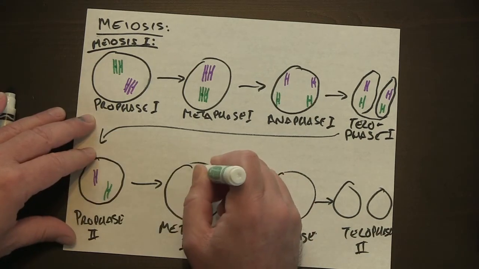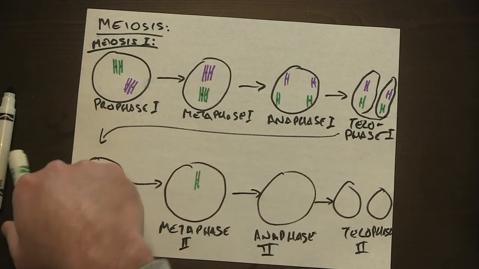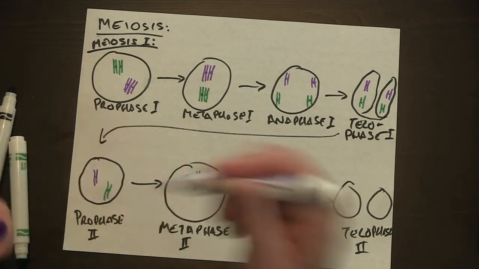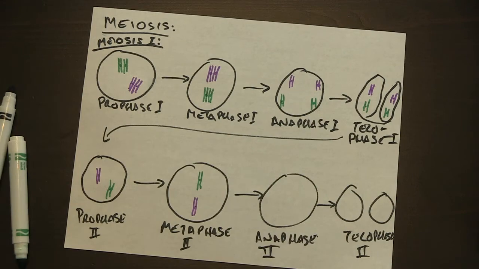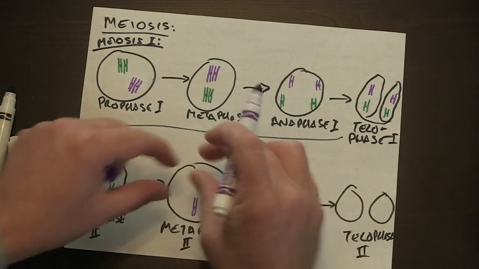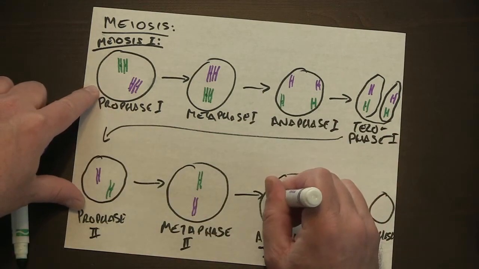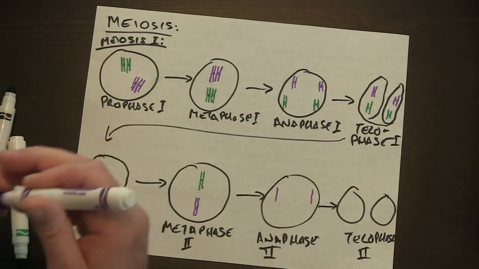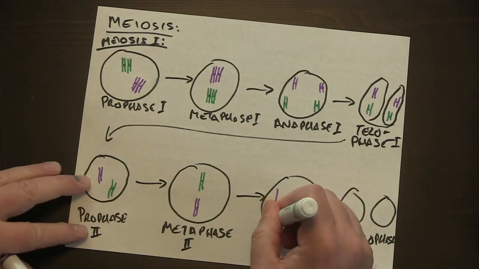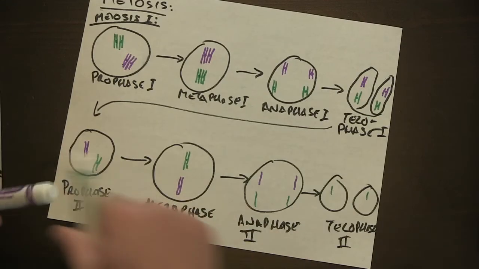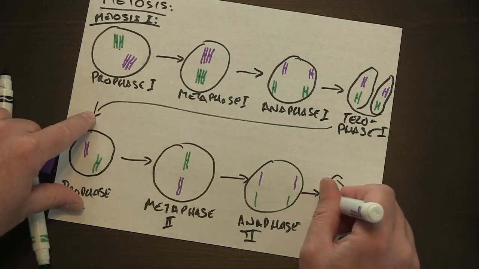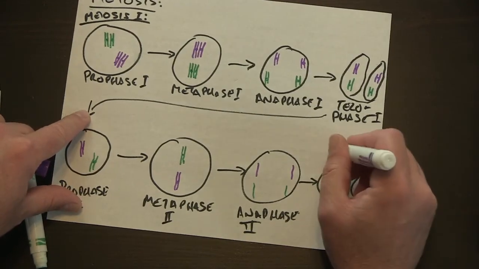So here, the sister chromatids line up in the middle. And now in anaphase, those 2 are going to separate. So there's going to be 1 copy of a chromatid on each side of the cell. Then, when they split, they've only got 1 set of the chromosomes, so these are haploid.